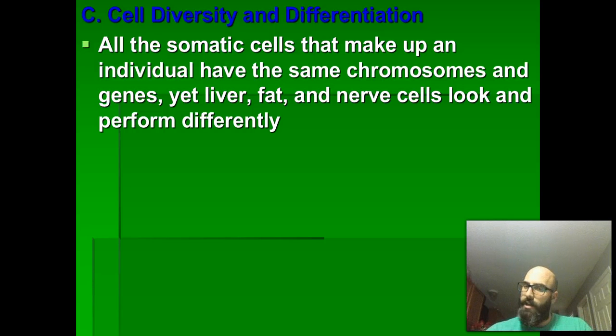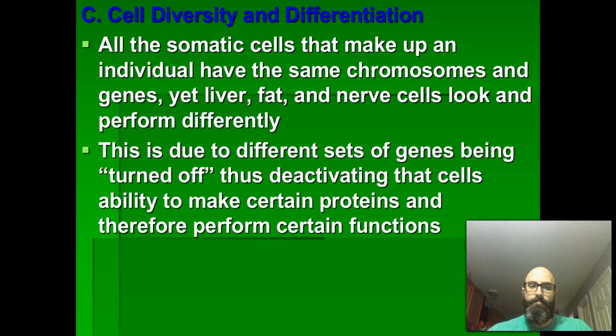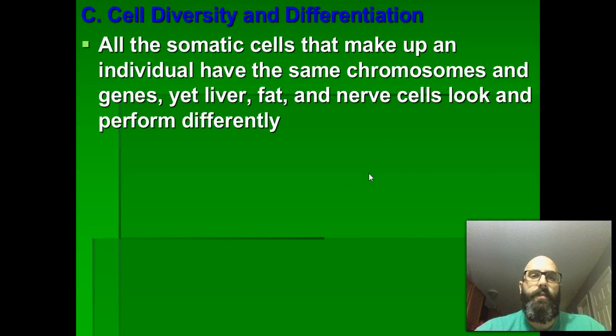Cell diversity and differentiation. So let's get into the cell diversity and differentiation thing. We talked at the beginning of this about cell diversity, meaning there's a wide range of types or looks of cells within the body, and their form is related to function.